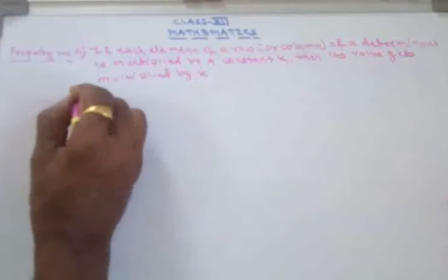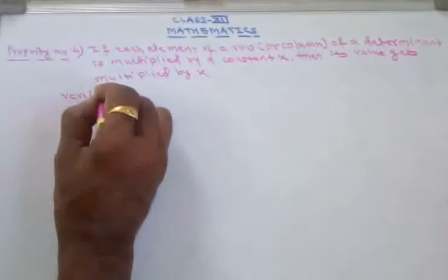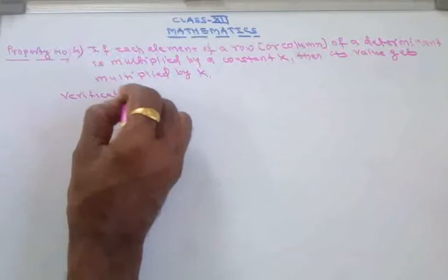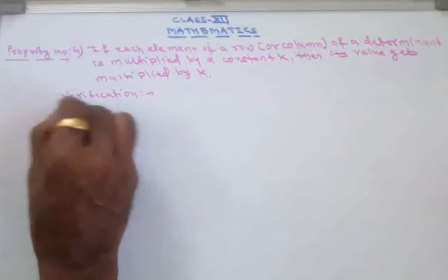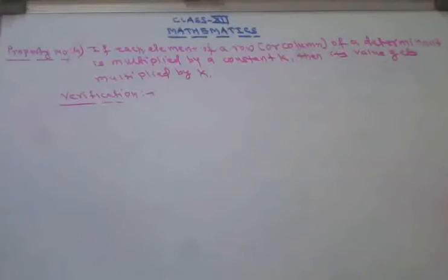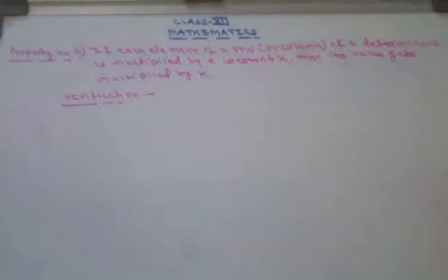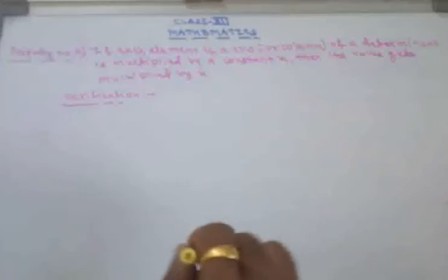Okay, so verification. If you have a determinant in which any row or a column is multiplied by a constant k, then the value of the determinant gets multiplied by k.